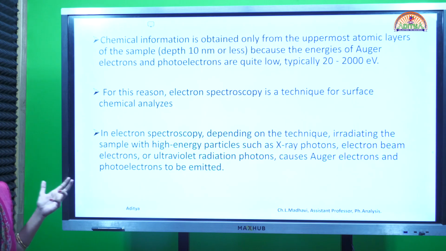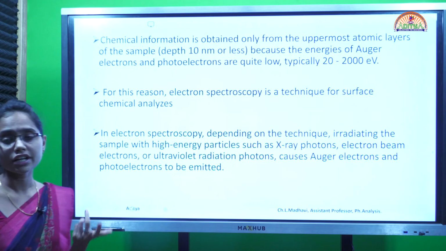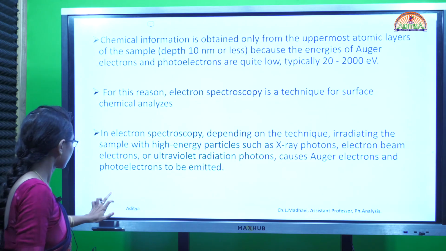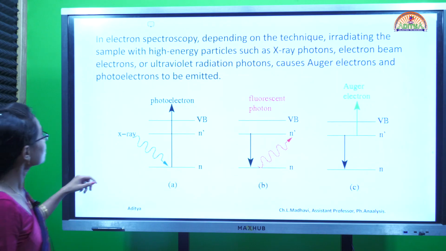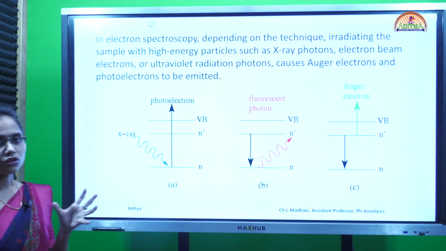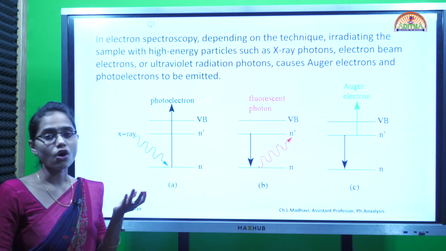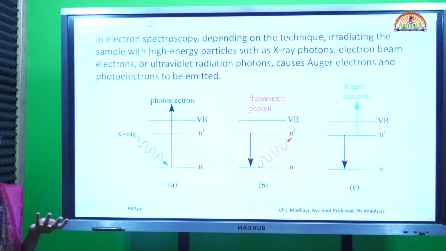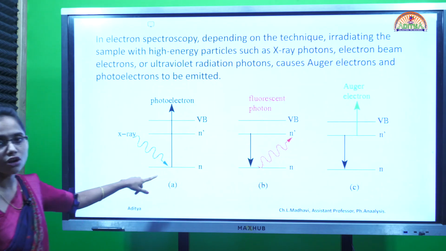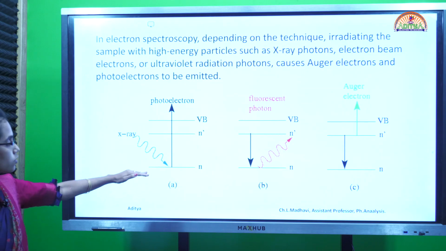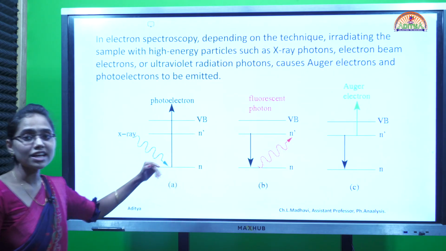Let us see the mechanism of the formation of the Auger electrons and the photoelectrons. As in the picture here, in electron spectroscopy, an X-ray or UV radiation or a beam of electron bombardment, any of these three, targets the innermost shell of an atom, ion or molecule, and ejects an electron.